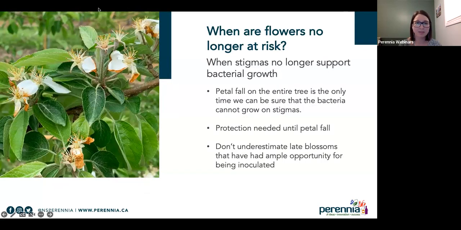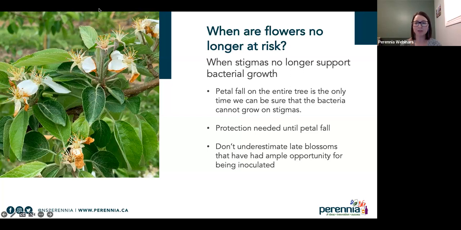So this question comes up every year: when are flowers no longer at risk? Like I said, the stigmas no longer support bacterial growth when they get too old, but you're not out there in the orchard monitoring when a flower opens so that you can say it's been 3 to 4 days.